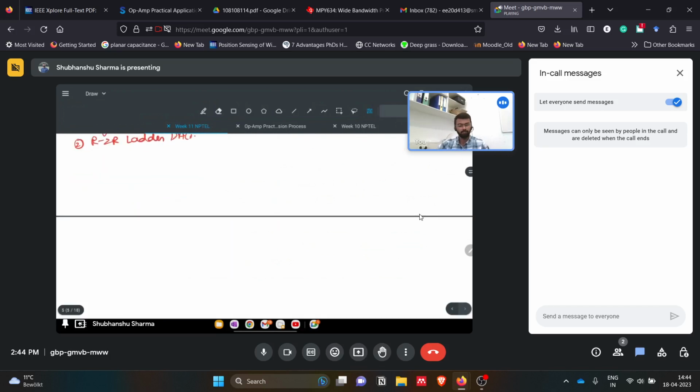We'll see the circuits. If you talk about the weighted resistor DACs, or binary weighted, or we can say just weighted resistor DACs.